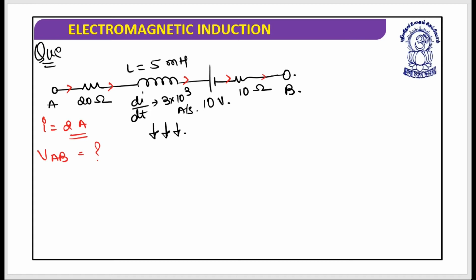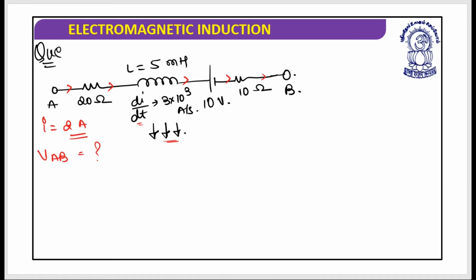Always do one thing. Always convert your inductor into a battery if possible. Why if possible? Because if di by dt is not changing, it is not possible to convert this into a battery. In our case, it is being changed, and when it is being changed, I need to convert this to a battery.